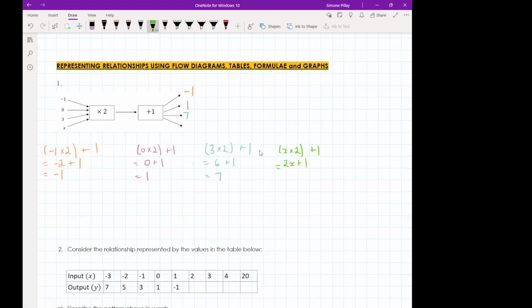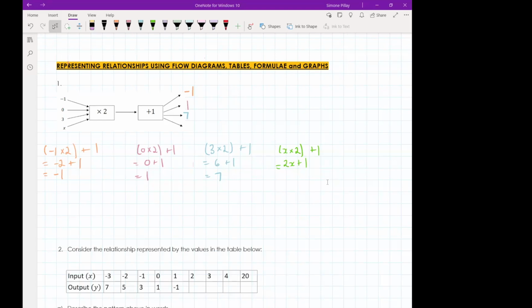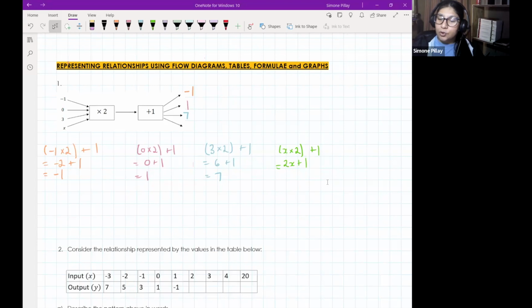is 3x, ma'am. Nope. So remember, whenever we're doing addition or subtraction, we are applying our like term rules. And when we apply our like term rules, we can't add terms that aren't the same. You remember that? Yes, ma'am. And so 2x plus 1 is as far as we can go because 2x and 1 are not like terms.